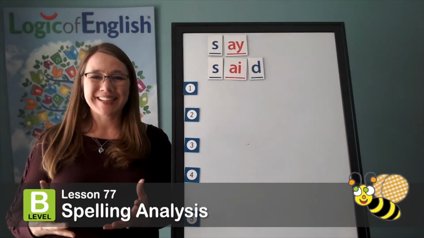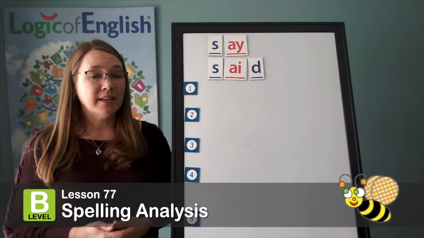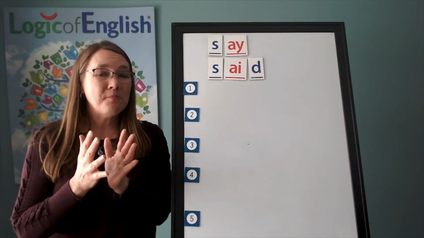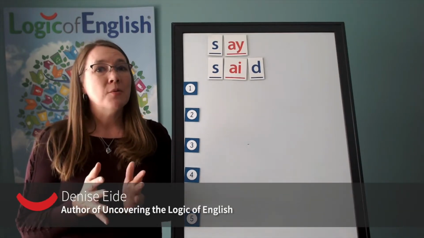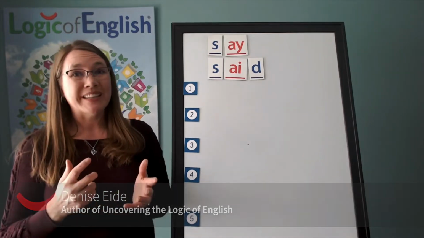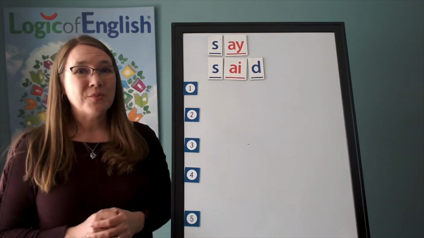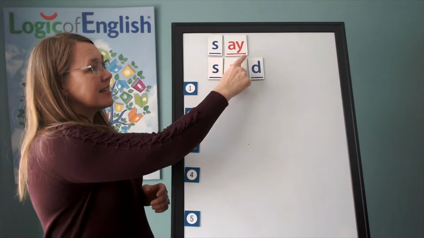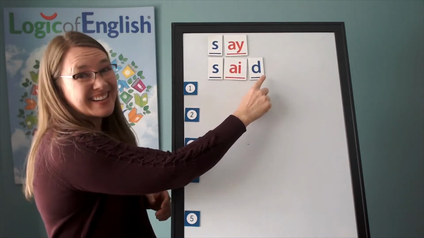Welcome to Spelling Analysis. Recently, we have been learning how spelling is about both sound and about meaning. Words that mean similar things will have spellings that look alike or are related in some way. So one of the pairs of words that we have learned recently is the word say, and the word said, which looks like said.